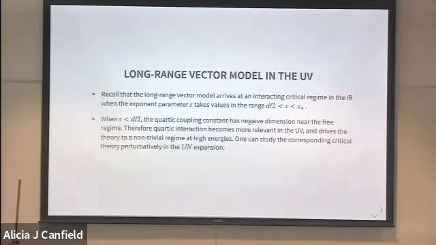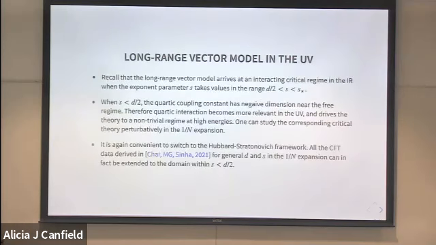So in this case, you get a relevant operator phi to the 4, which drives the theory from a trivial regime in the IR to an interacting non-trivial CFT in the UV. Since we already have all of the results, well, not all of the results, but a bunch of results for CFT data available in the 1 over n expansion in general d, we could just use them and analytically continue them all the way to S less than d over 2.